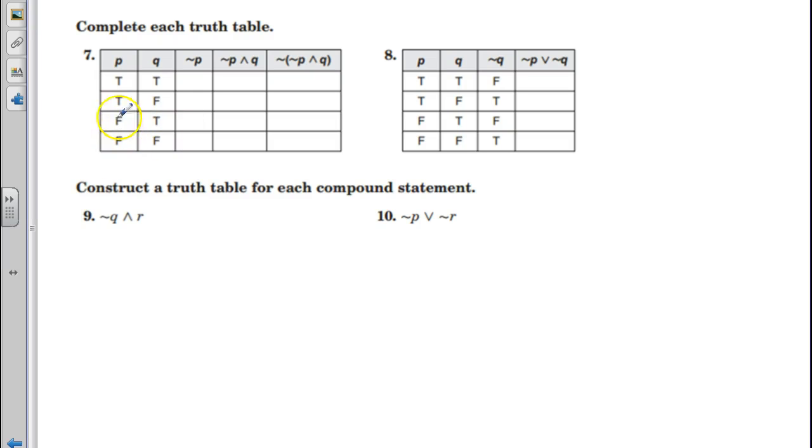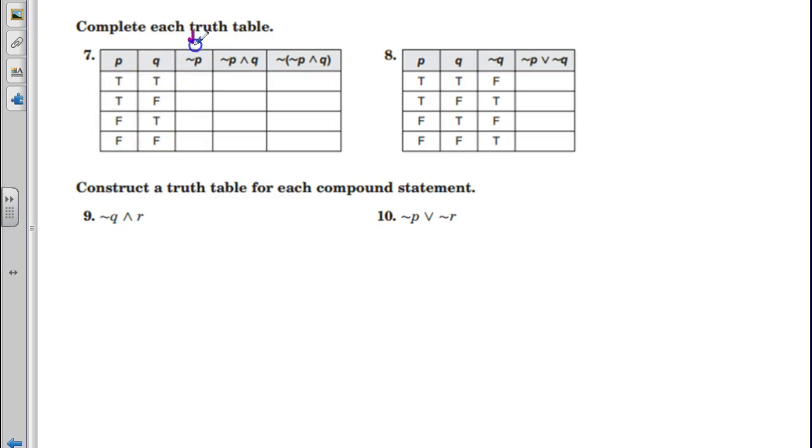The reason we put 2 trues and 2 falses is because for Q, I could have P be true and Q is true, or P could be true and Q could be false. Those are different options. Or we could have P be false, Q is true, or P is false and Q is false. These are all of the possible combinations that we could have with true or false statements.